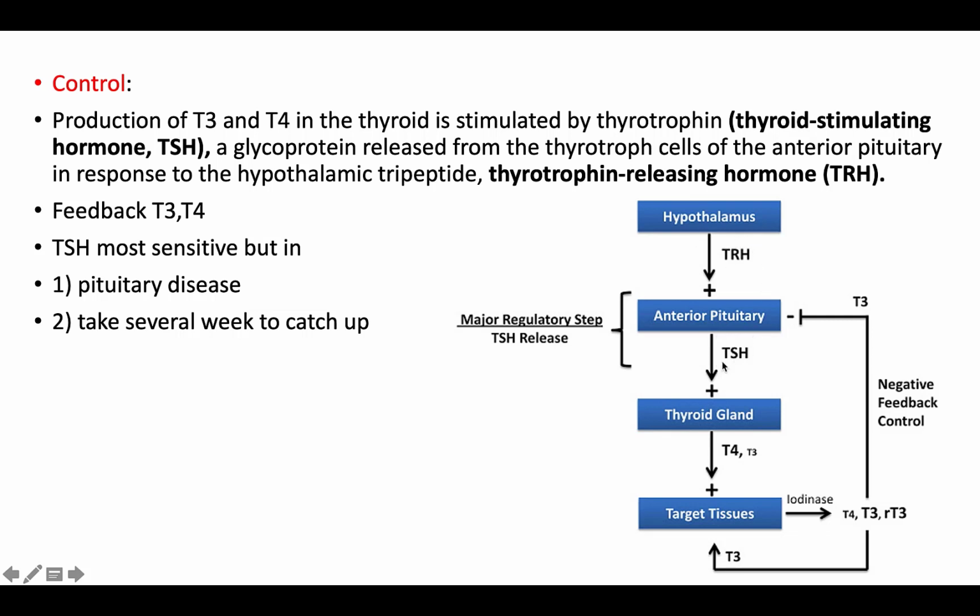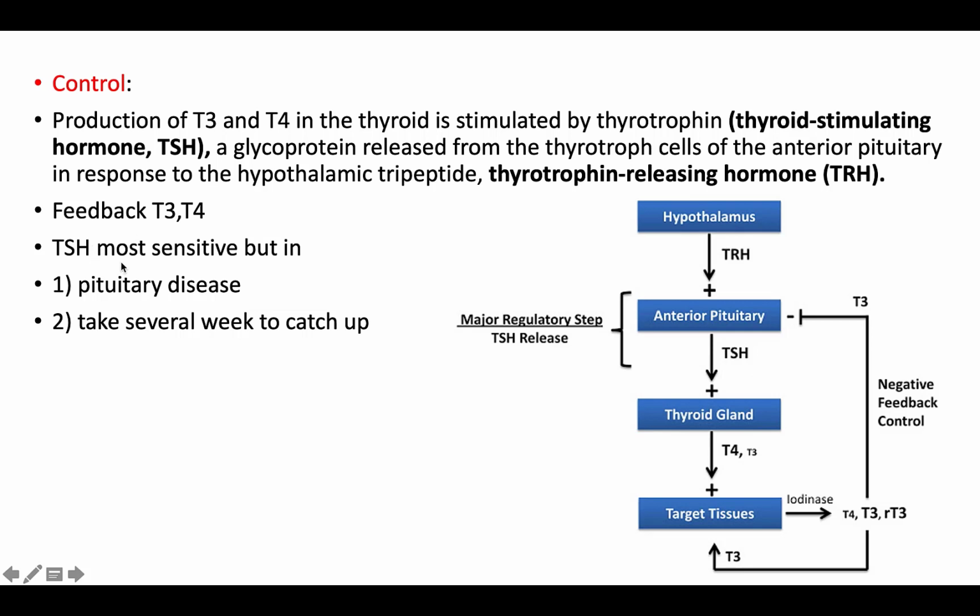These play a critical role in negative feedback, through T3 and T4. So when there is an increase in T3 and T4, there will be suppression of the thyroid stimulating hormone. When there is a decrease in T3 and T4, there will be an increase in the thyroid stimulating hormone. There is a balance between them through negative feedback control.